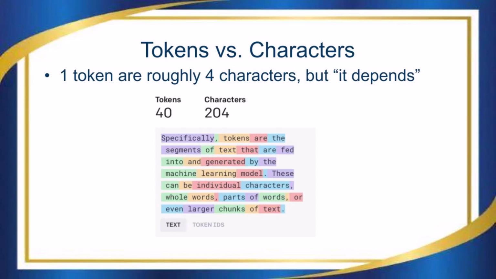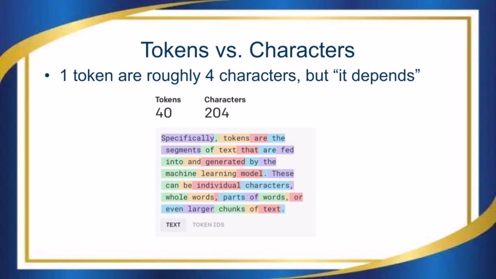Here is one example I found online, and in that case, 40 tokens were about 204 characters. But keep in mind that this also includes empty spaces. All right, that's why we say 4 to 5.